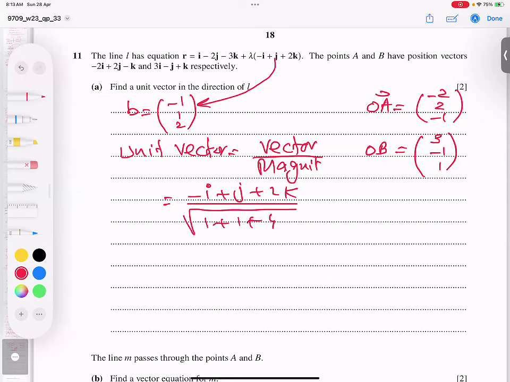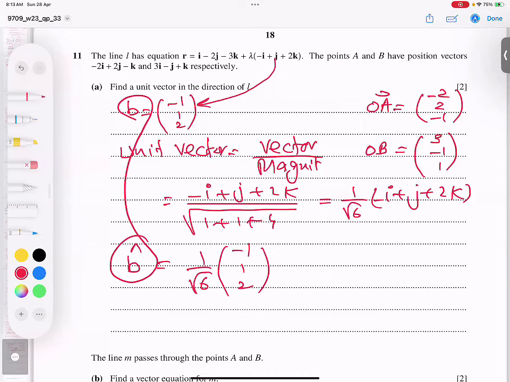I got root 6. So 1/√6 times (-i plus j plus 2k). This is our answer. Many formats are available, even writing this way is acceptable. This is called the unit vector of b, and I give it b cap. I think this part is clear.